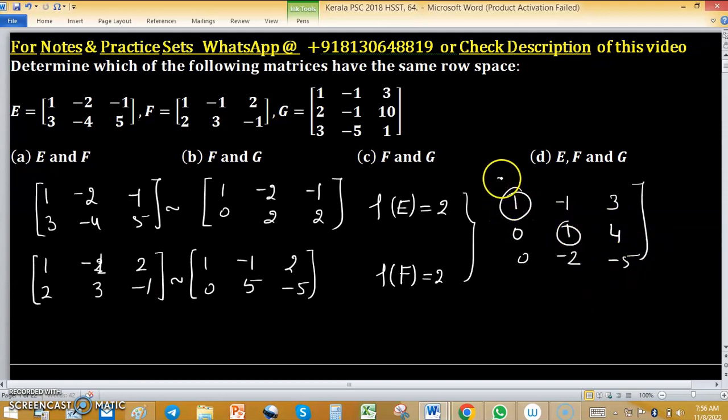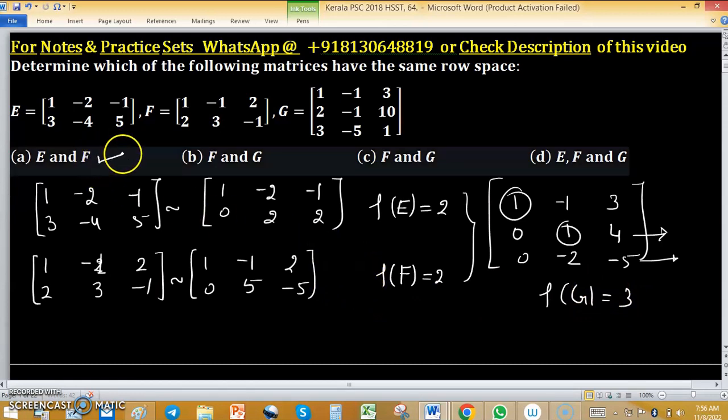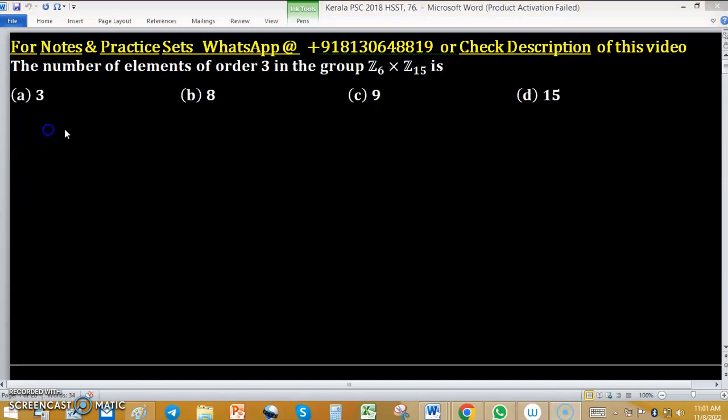It means the rank of this matrix, because these two are not the same or in proportion, is 3. So E and F have the same row space. Option A is correct.